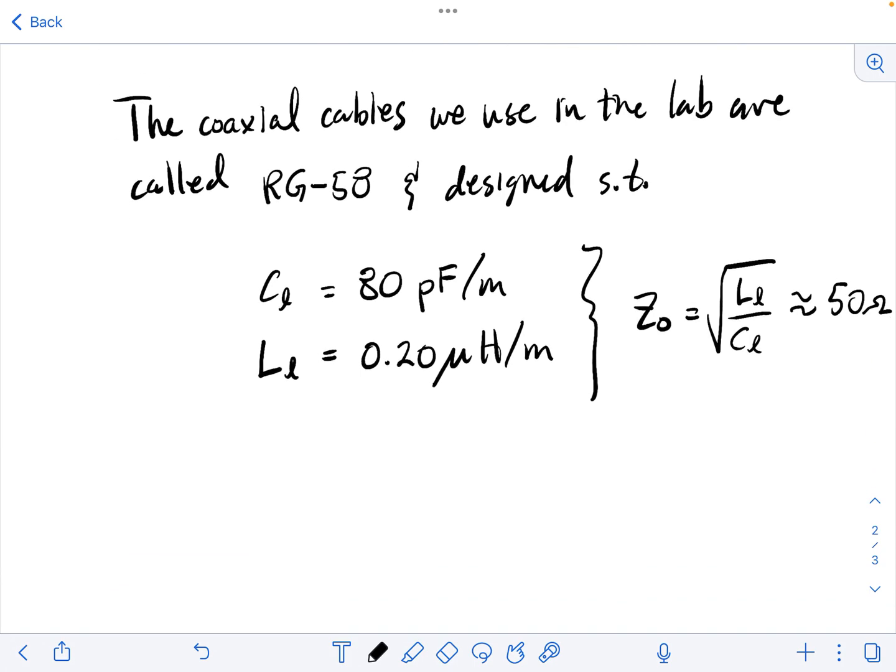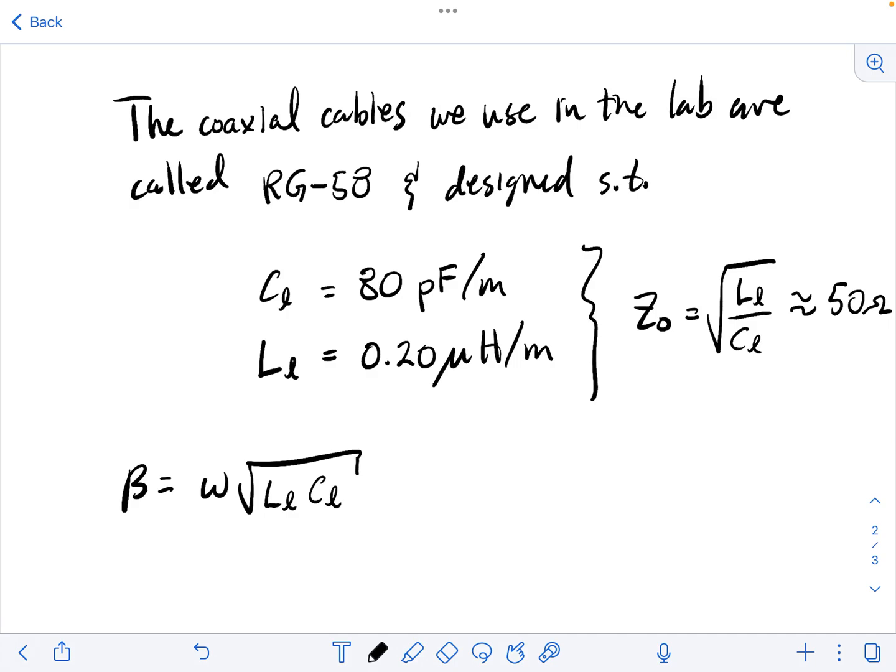Okay, so the other thing we want to do is we want to calculate the value of beta. And so beta is equal to omega times the square root of the inductance per unit length times capacitance per unit length. So what we have to do is we have to assume a value for the frequency in order to complete this calculation.